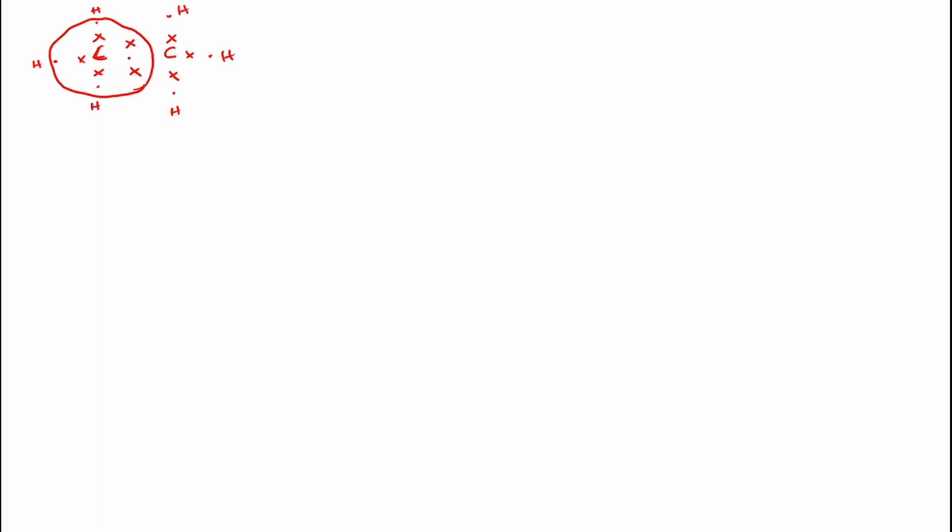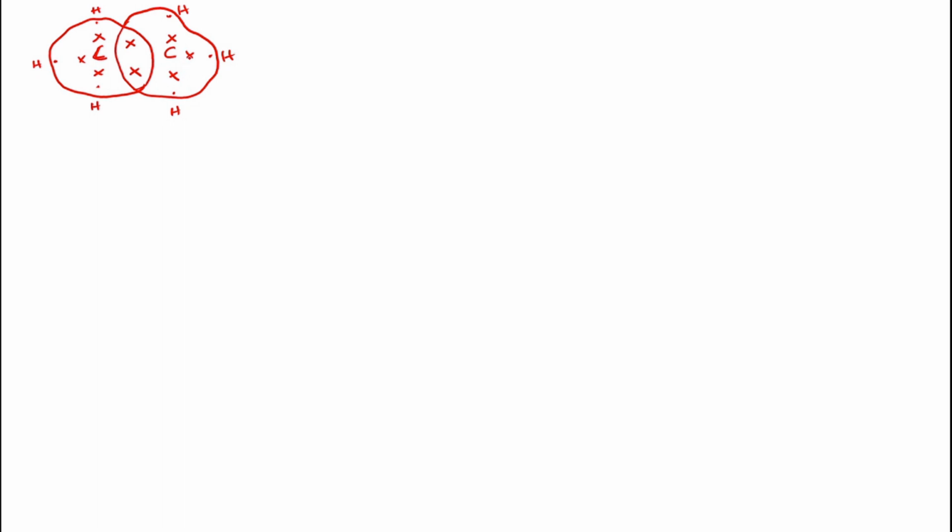Now you take this carbon, same, from here you start. So now you count 1, 2, 3, 4, 5, 6, 7, 8. 8 electrons. Now this carbon also reached noble gas configuration.